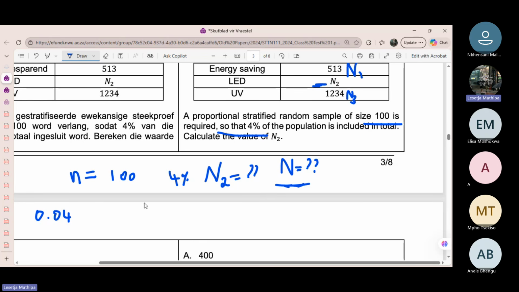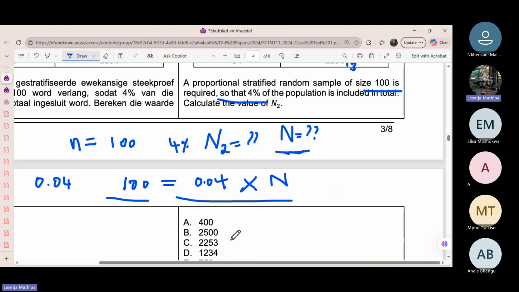Okay, so this is what you're going to do. You're going to say 100 is equal to 0,04, which is part of the population according to the question, multiplied by N. The aim is to find the capital letter N, so we're going to divide everything by 0,04 so that you can get the N. So capital letter N is equal to 100 divided by 0,04.